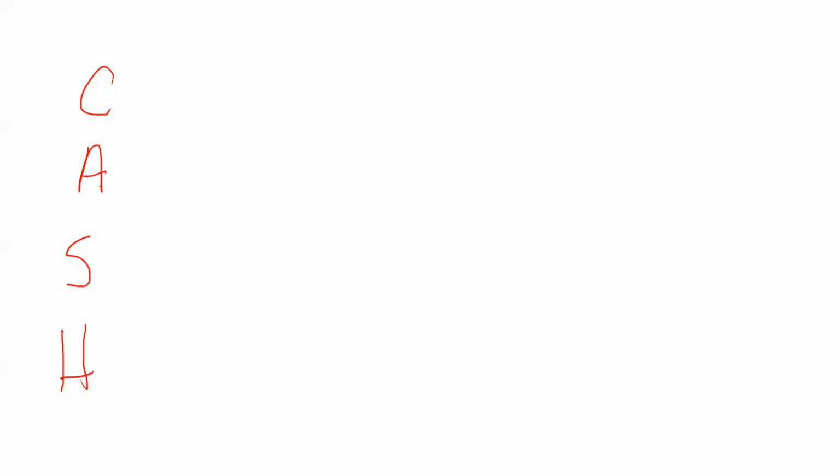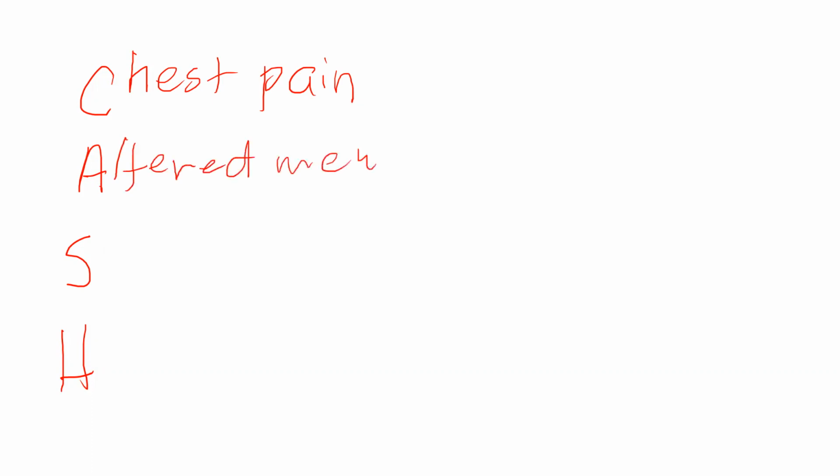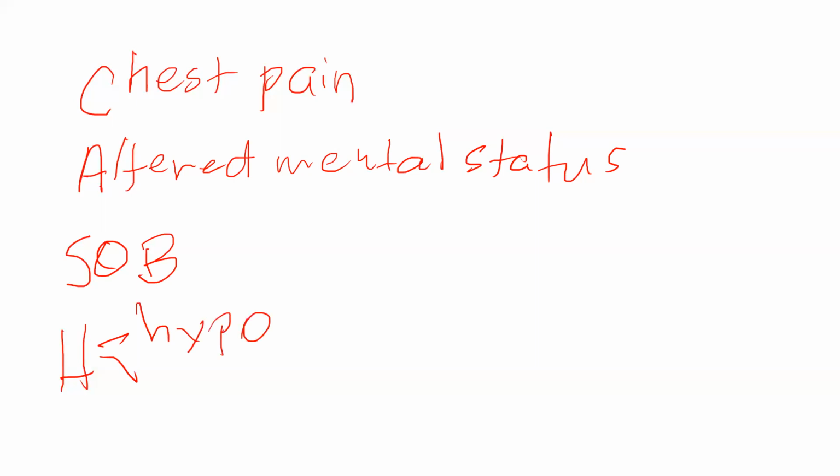Okay. We know that a patient is symptomatic when they display CASH, and it stands for chest pain. So if a patient is having an arrhythmia associated with chest pain, we call that symptomatic. If they have altered mental status, then they are symptomatic as well. And if they have shortness of breath, they are symptomatic. And the last one is hypotension or hypertension.